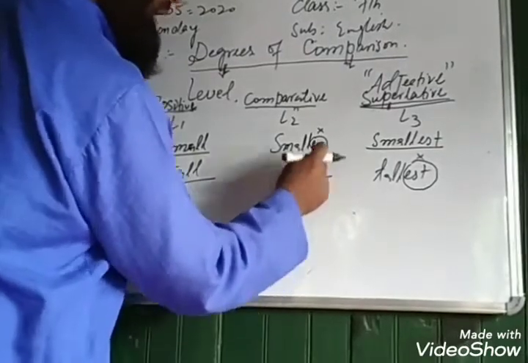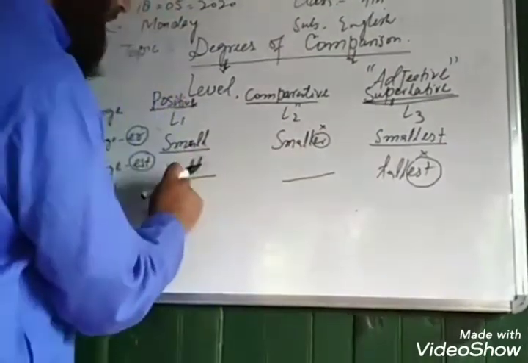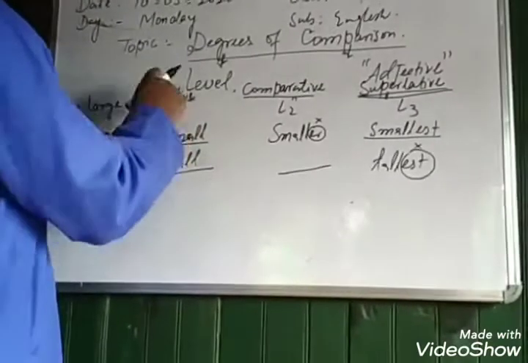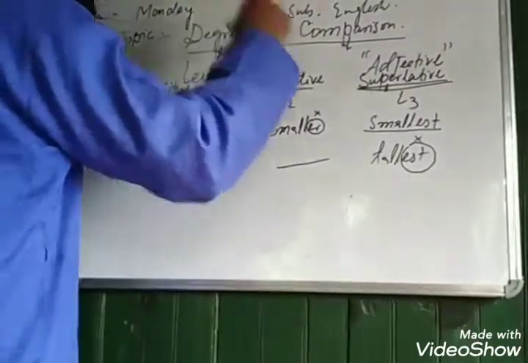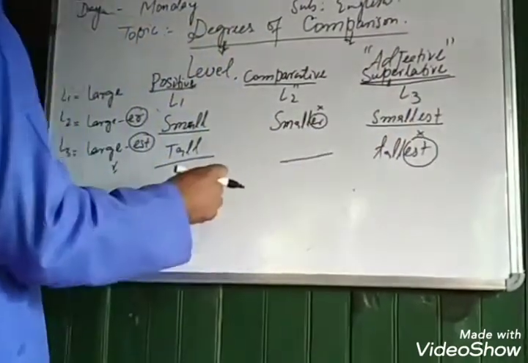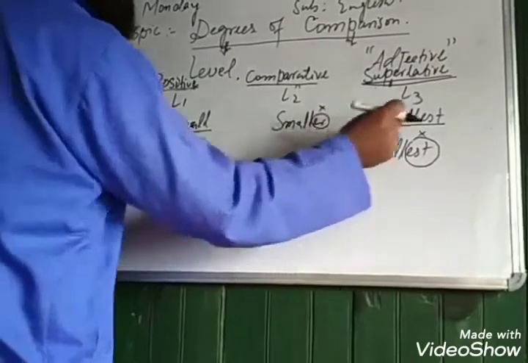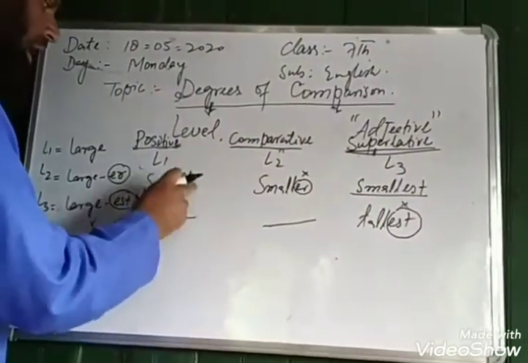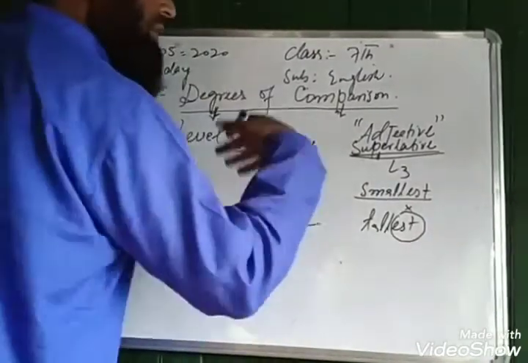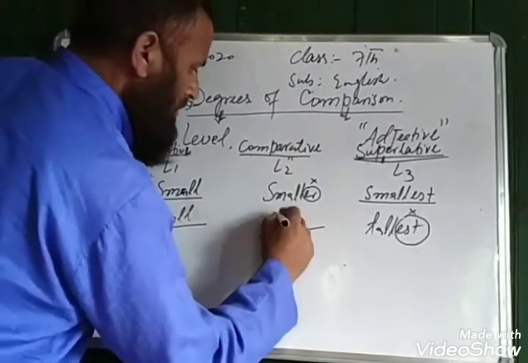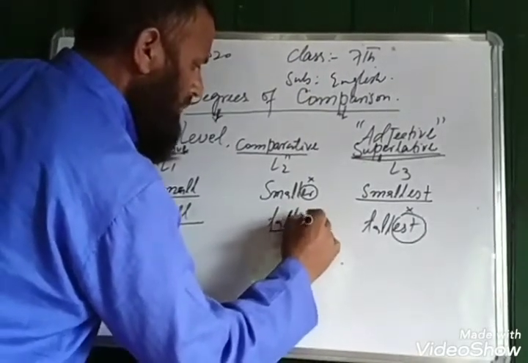And by adding ER to this, taller. You have to add or cut at the right degree. By cutting ER and EST, we make the first form. By adding ER or EST, we make the second and third forms. Like this, tall, tallest.